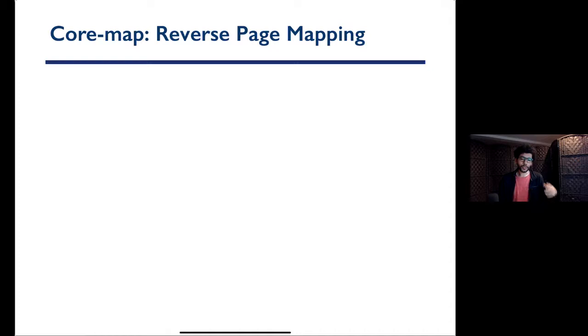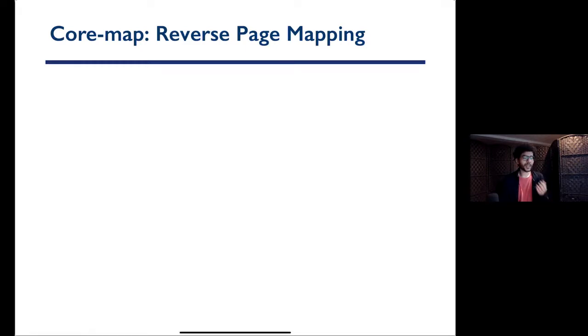Now, you remember that different processes could share memory. So a single page could be assigned to multiple processes, not just one, but multiple. Now, if you don't have the mapping from physical to virtual, every time you evict a page, you have to search all the page tables to see who was using this physical page so that you can invalidate those entries.